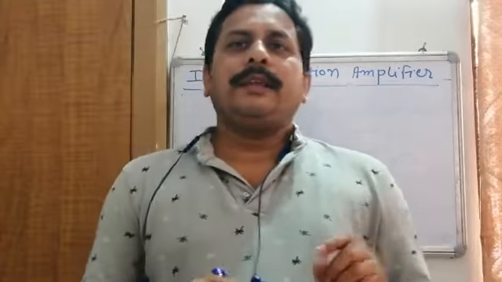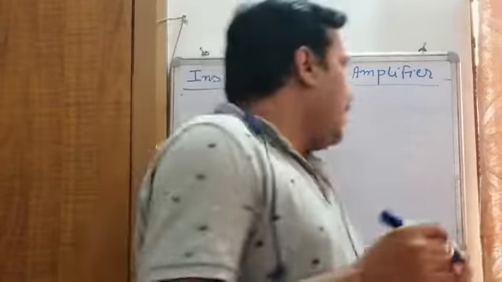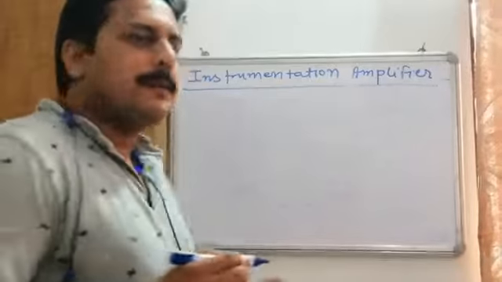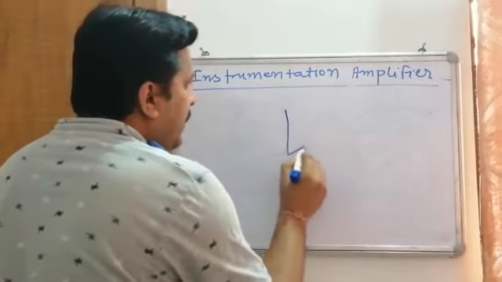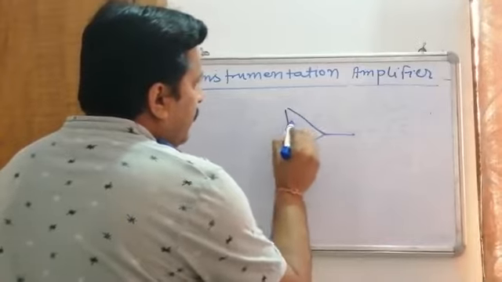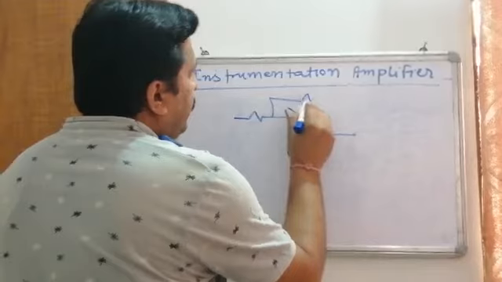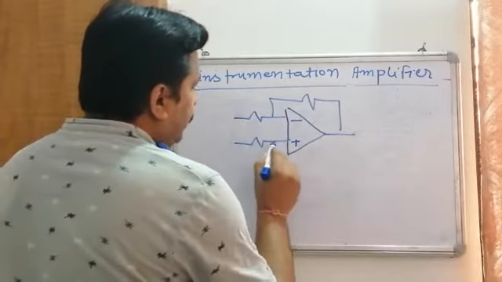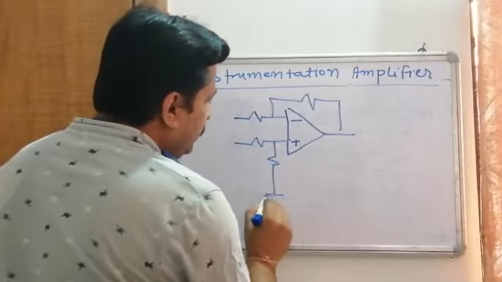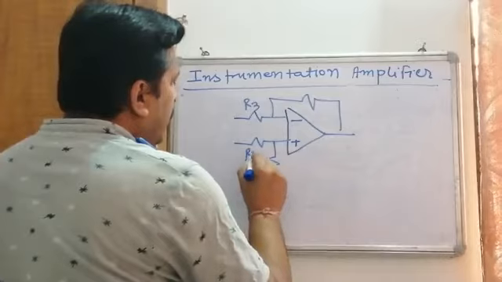So first I'll show the circuit diagram of the instrumentation amplifier. Look here, first I am making a difference amplifier with the help of an op-amp. We know these two resistances should be equal.